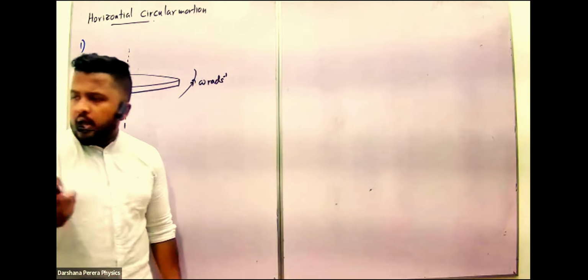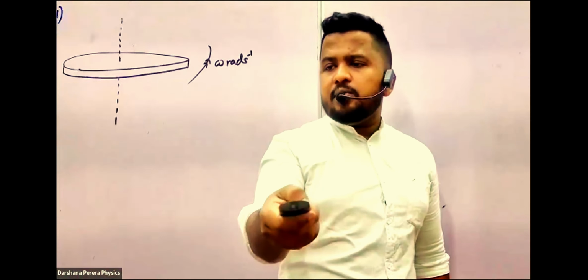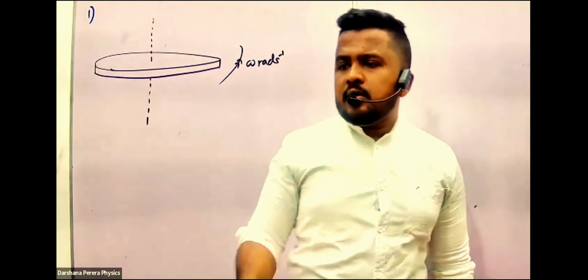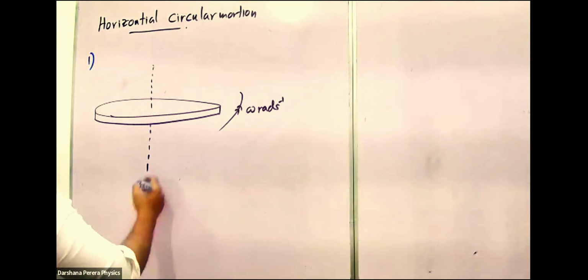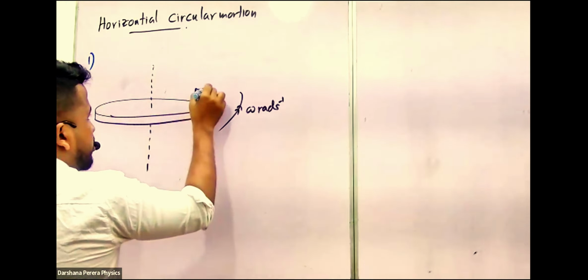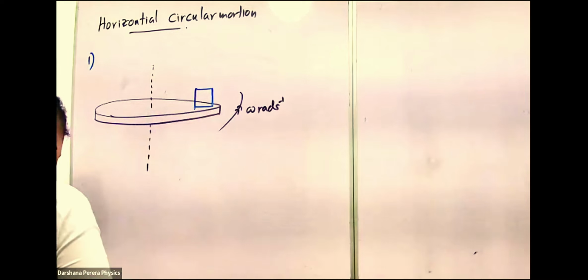Right. In this case, there is a disc. It is rotating with omega. We are placing an object on top of the surface.